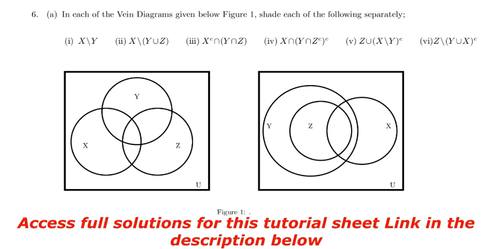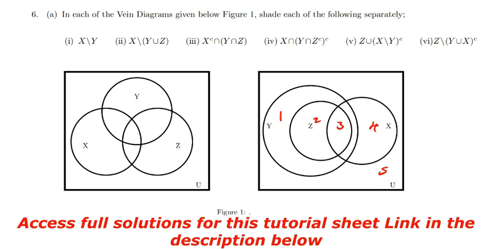Now we have z is a subset of y. Let's still assign the numbers: 1, 2, 3, then 4, and 5.